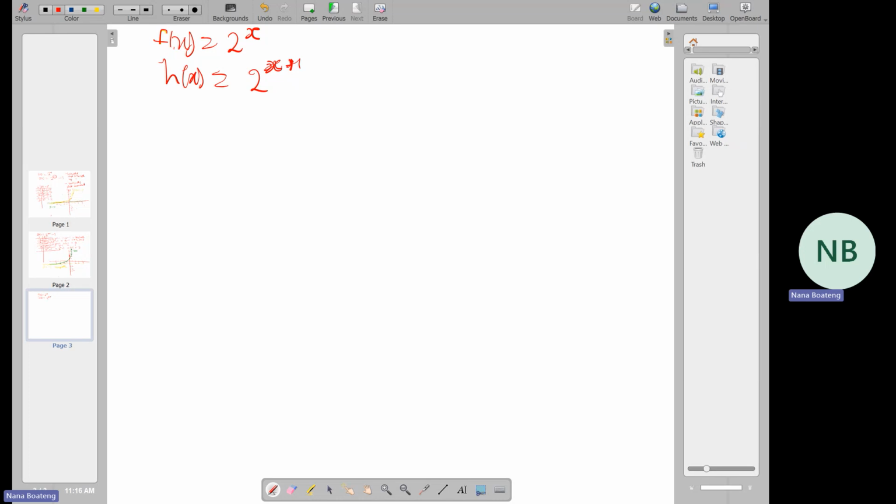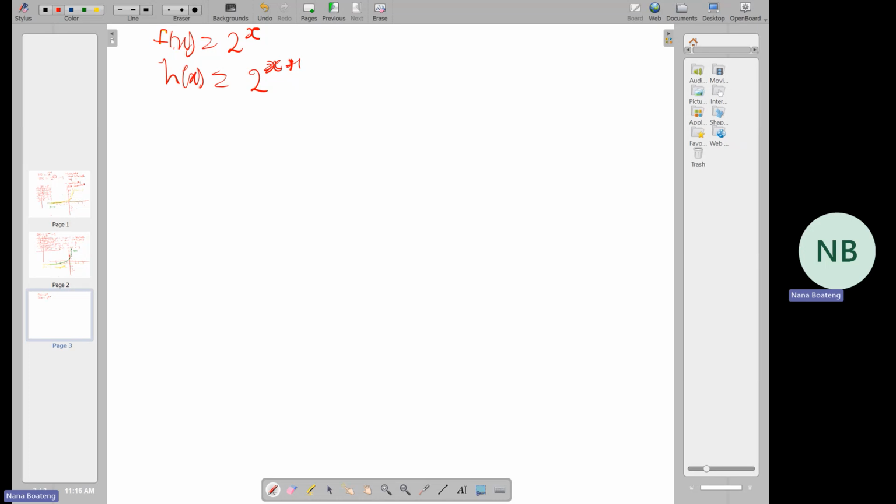All right, so the immediate observation of the difference between h of x and f of x is that h of x, first of all, has been horizontally shifted. It's a horizontal shift to the left by 2 units. That is why we have power x plus 2.